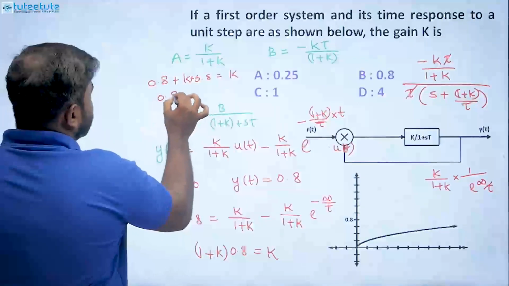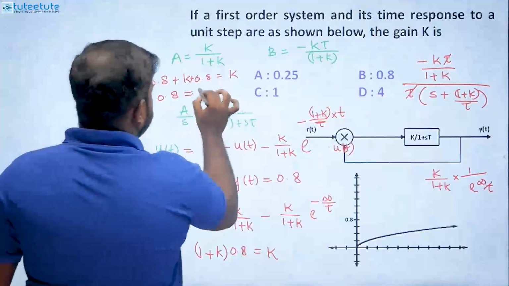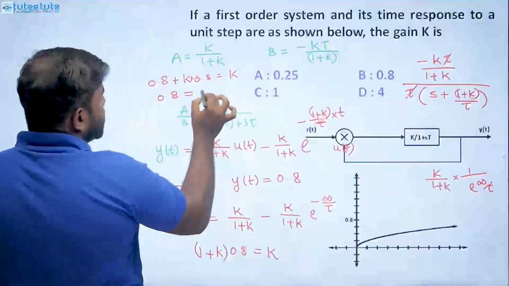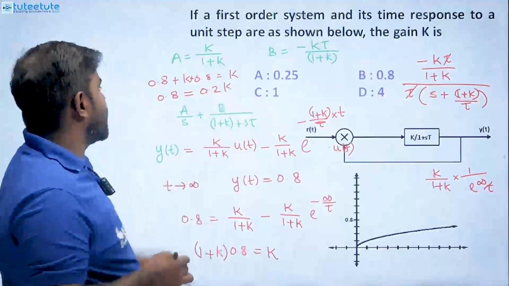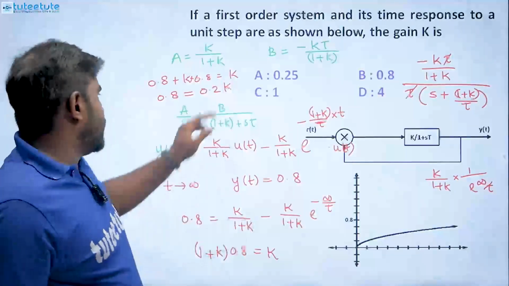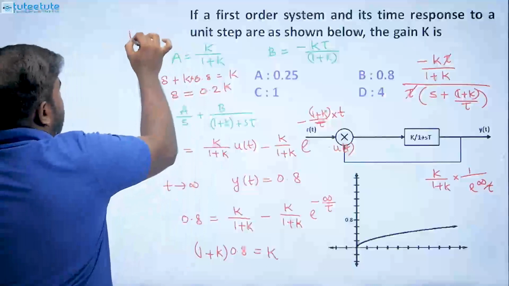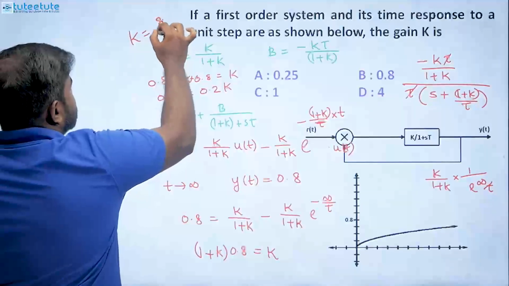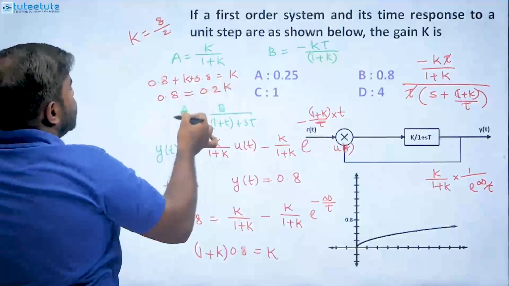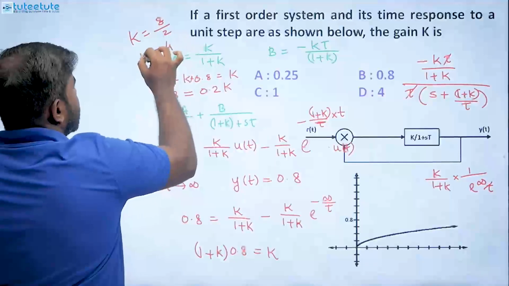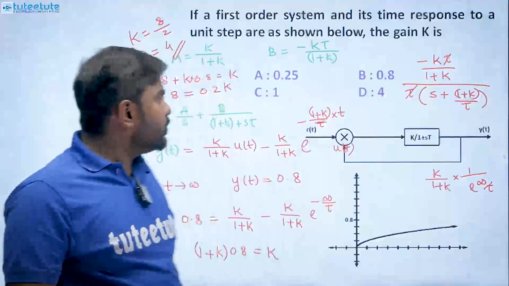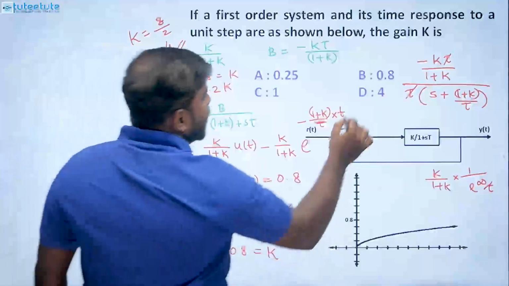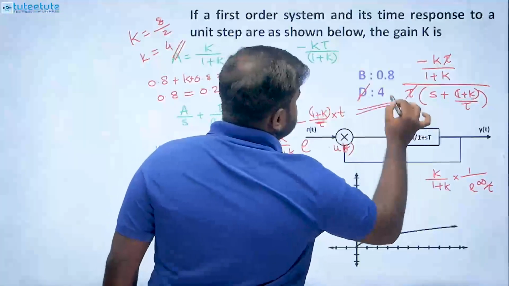Then 0.8 let it be here, then k goes there, which means 0.2k, k minus 0.8k will be 0.2k. So k value you get as 0.8 by 0.2, which means that k equal to 4. So the gain k would be 4.